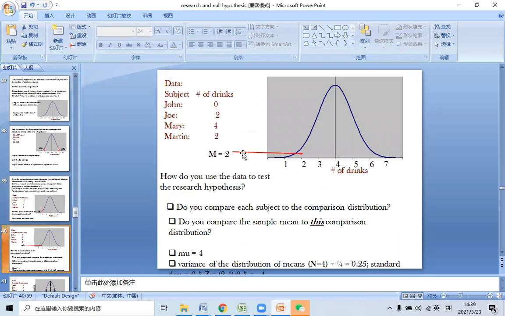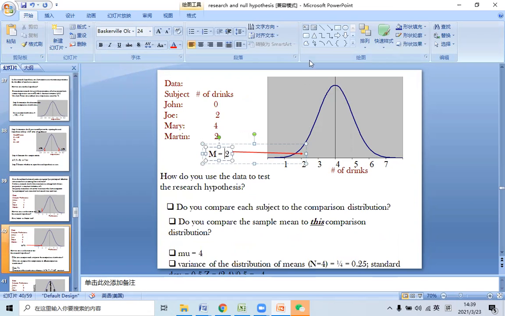The mean is 2. On average, the mean is 2 beers among these 4 people. But can you compare this group mean on the original distribution? The original distribution is not going to be working.